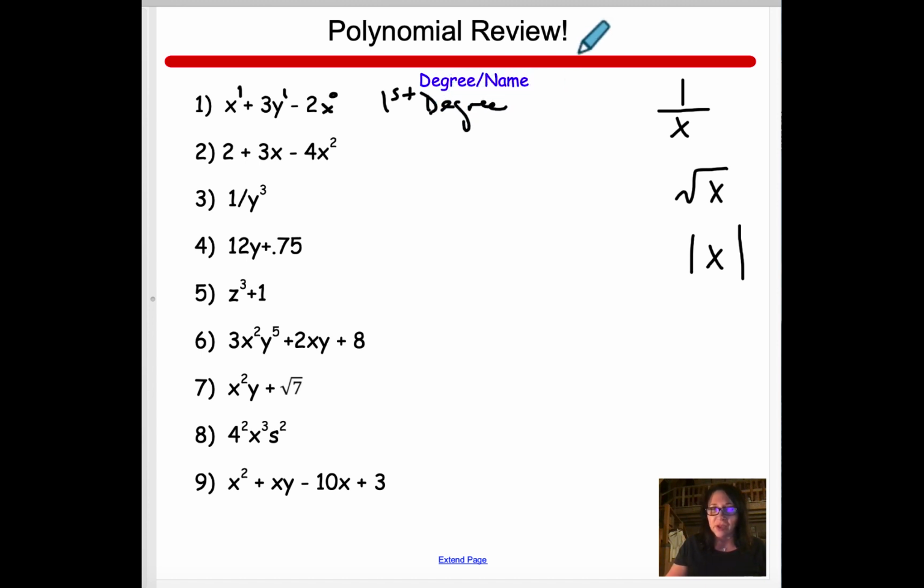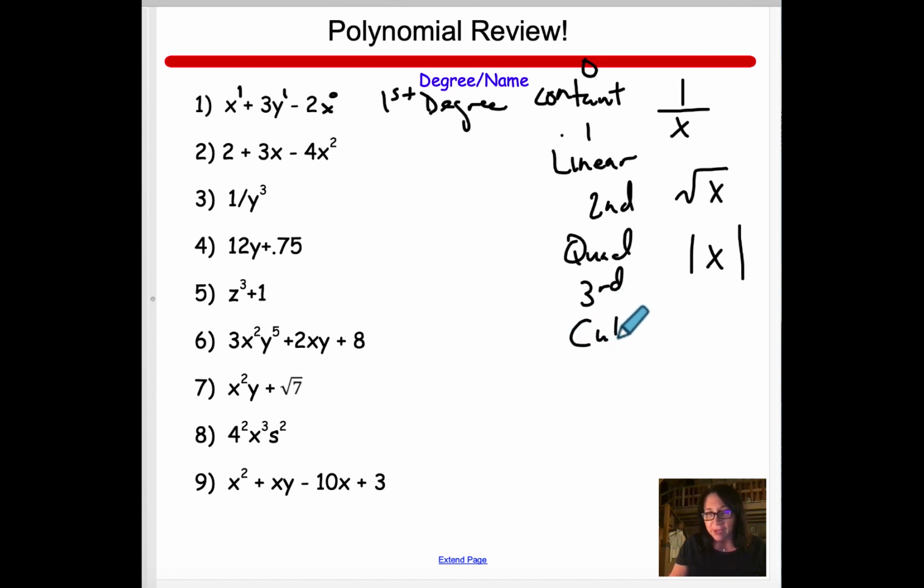we call those, let's see, we have constant. And then we have linear. So constant is a 0 degree. First degree is what we call linear. Then we have second degree, and those are quadratic. Third degree, and those are called cubics.